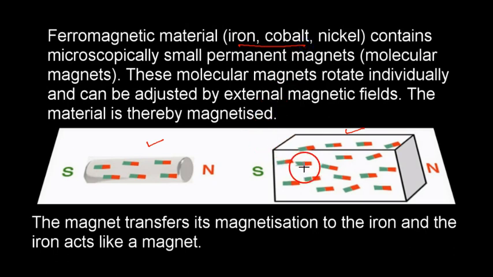You just see S, S, S, S of all the dipole moments is towards the left hand side, and N, N, N, N is towards the right hand side. So here develops N, here develops S.